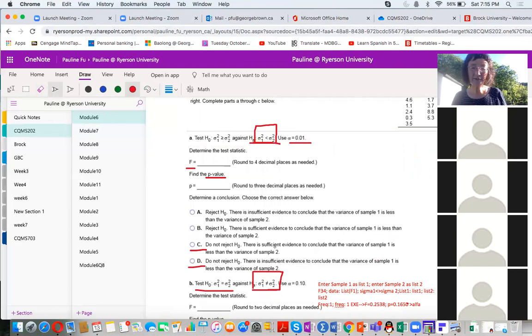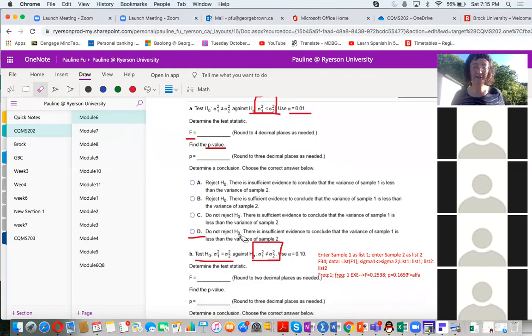C said sufficient evidence, the variance is less than. D said insufficient evidence, sample 1 is less than sample 2. So D is correct, because we do not reject H0. Means H0 is correct, H1 is wrong. Okay, insufficient evidence to conclude.